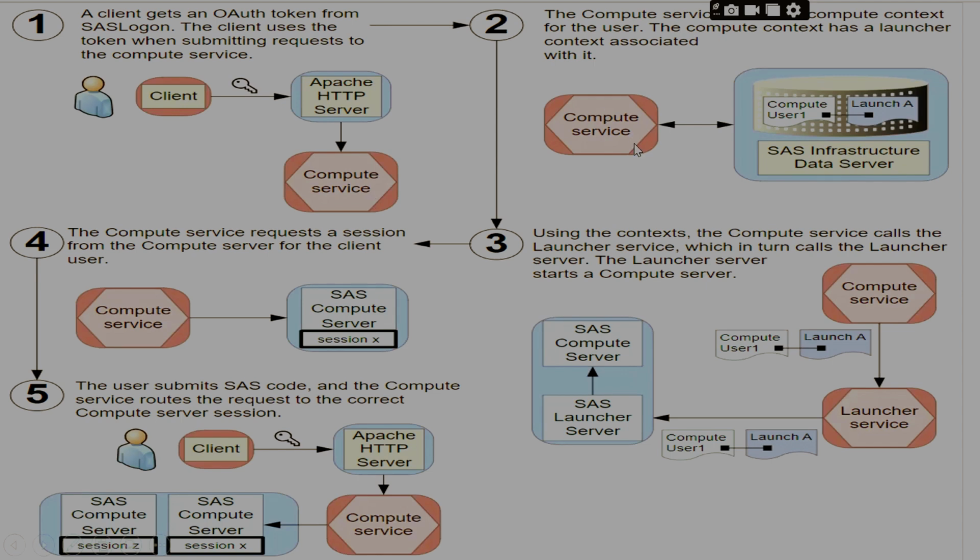The compute server interacts with the launcher server that is available in the data infrastructure server. Once the compute server creates the compute session, the user can run a number of jobs. So the user submits the code directly.